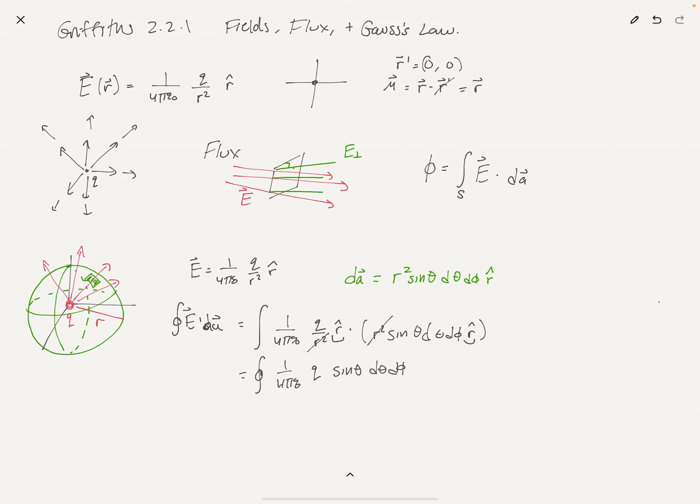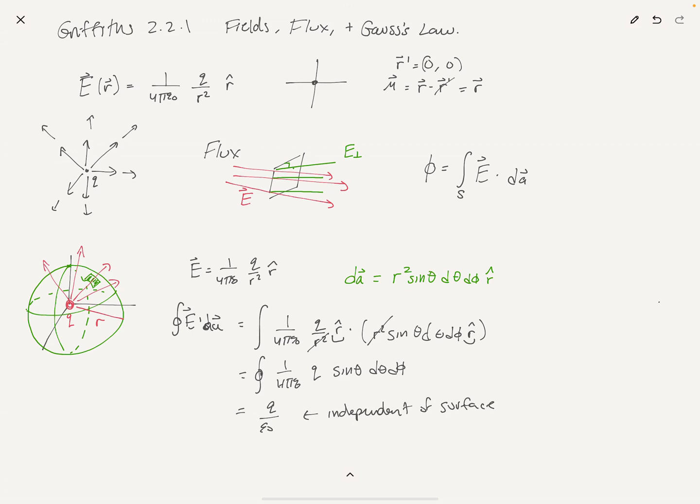The integral over the total surface of a sphere gives you 4 pi. So I'm left with q over epsilon naught, which is independent of the surface.